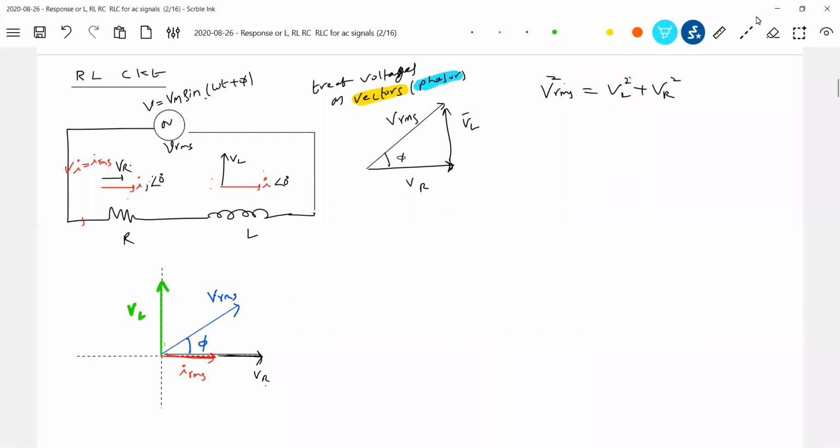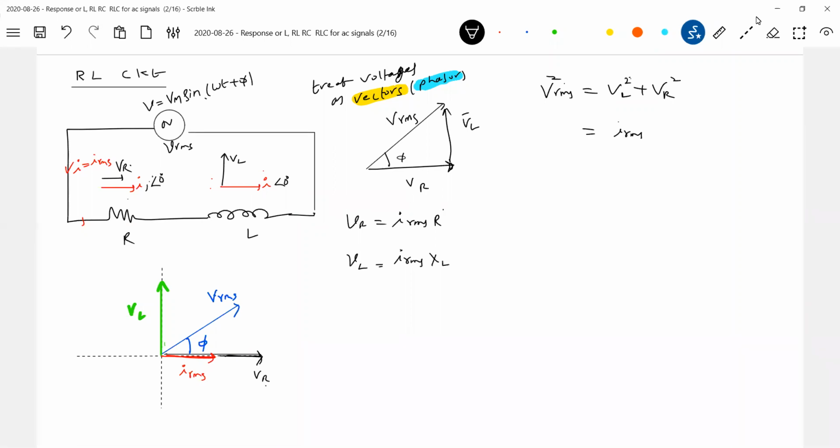Okay, let's go for Ohm's law one by one. What is Ohm's law for the resistor? IRMS into R. What is Ohm's law across the inductor? IRMS into XL. What is XL? XL should have the units of resistance only. So let me substitute here.